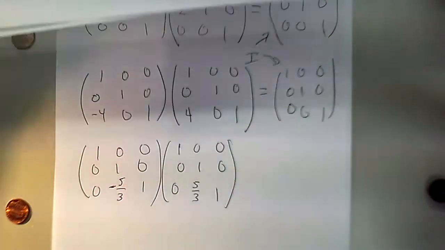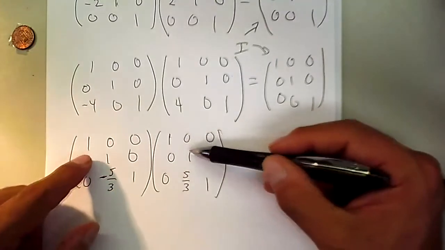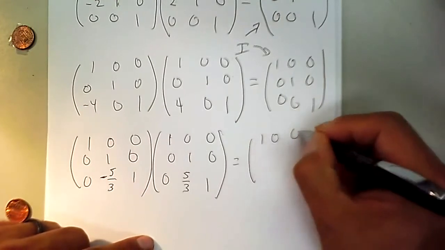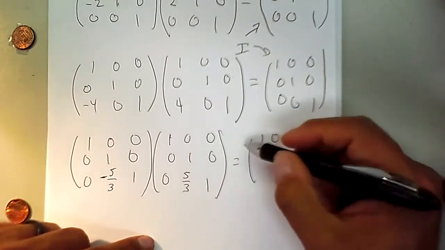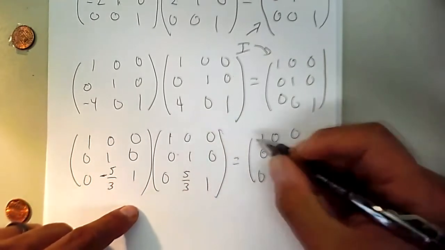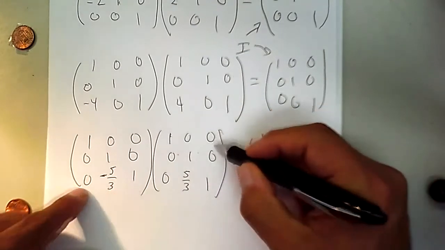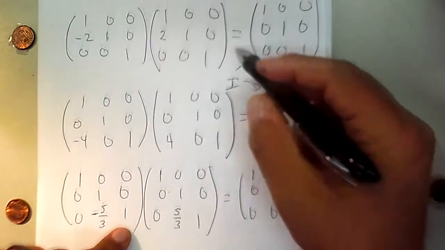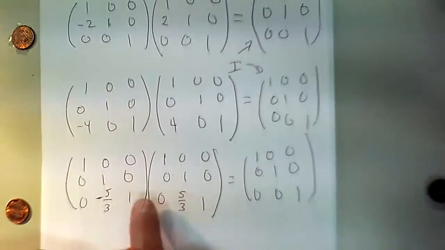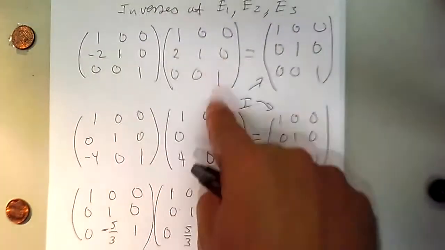I think that's it, but let's double check. Sometimes you can check quickly by inspection. The first two rows are going to be the same, so we're good there. And then here we got 0, 0, negative 5/3 plus 5/3, 0. And then we got a nice 1. So sure enough, those products are the identity, so those are the inverses of E1, E2, E3.